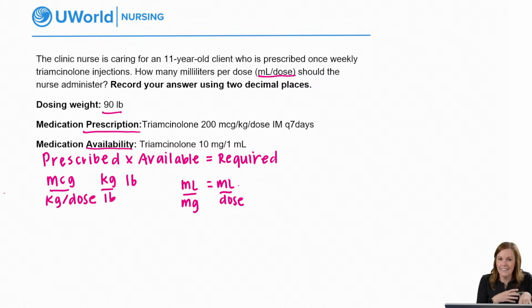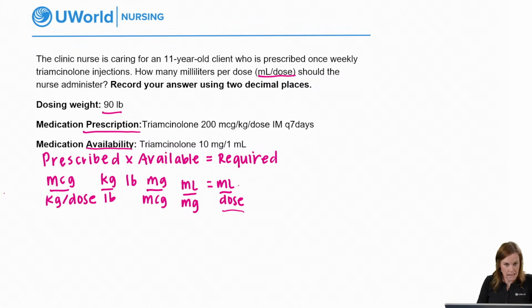And this is all going to cancel out and be super nice and neat and get us to where we need to go. Okay. So the other thing we have is micrograms and milligrams. So we need to have a conversion in there so that we can cancel all of those out, because milligrams and micrograms are not our end goal here. Okay, so we are going to say micrograms has a conversion factor for milligrams.